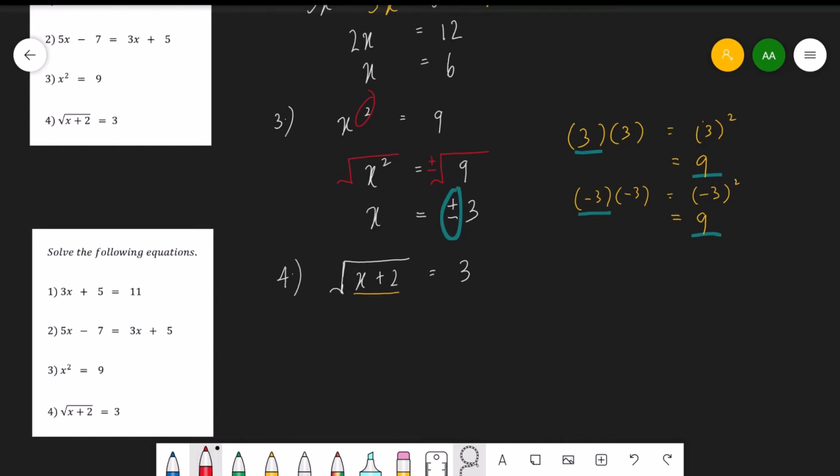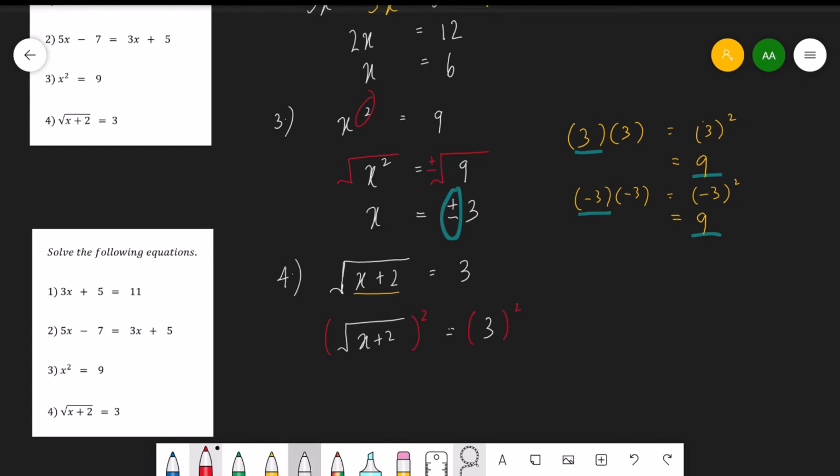So, square root of x plus 2. In this case, we add a square to remove the square root. The 3 is on this side, and since we added a square on the left hand side, we must square on the right hand side as well.